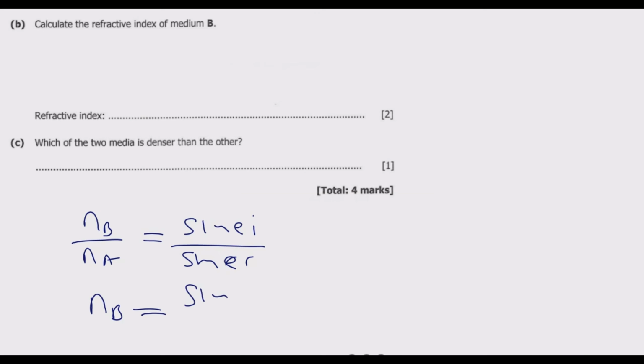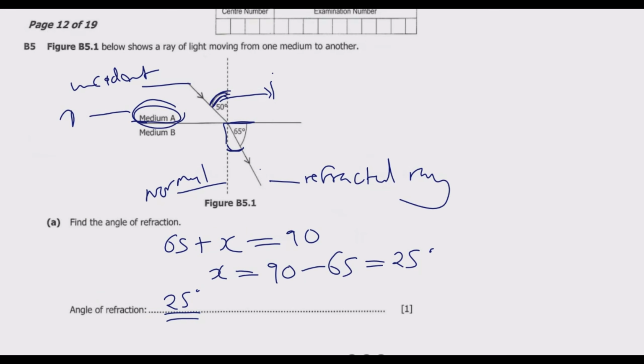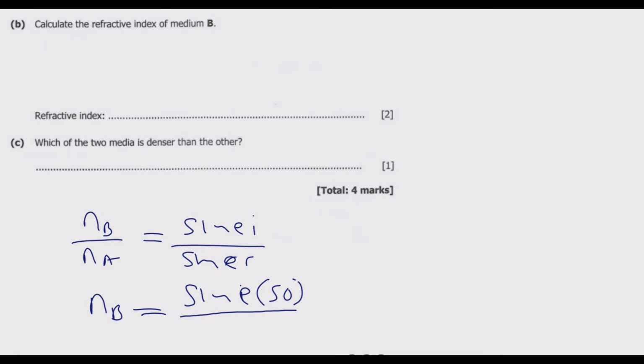So we have sine 50, so 50 degrees, as you will see from here, divided by the angle of refraction, which is sine 25. Once we simplify, we end up with 1.8126, which written to one decimal place becomes 1.8. Let us write to 2 decimal places: 1.81 as the refractive index.